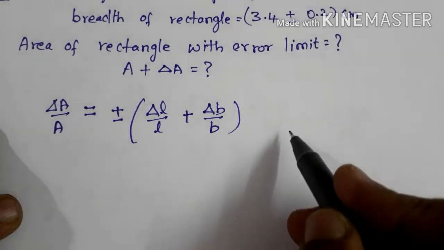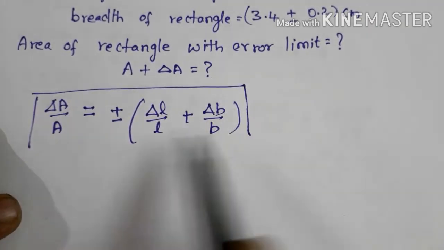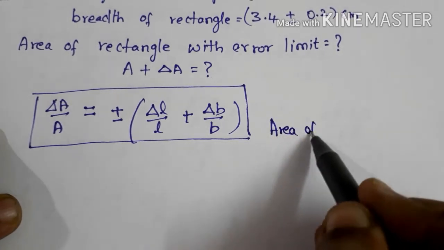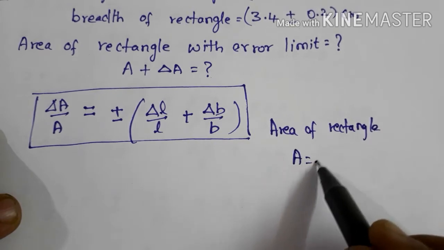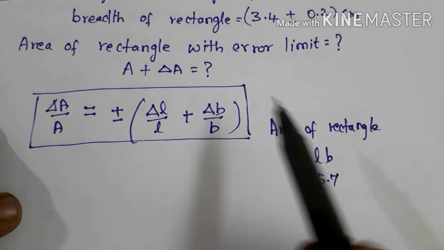Shall we find out the area first? Okay, this is the formula to be used. Now we will find out area of rectangle. What is the area of rectangle? A is equal to L into B. What is length? 5.7, right?